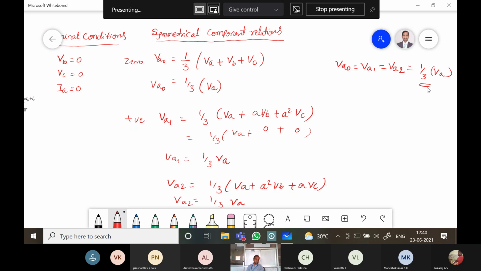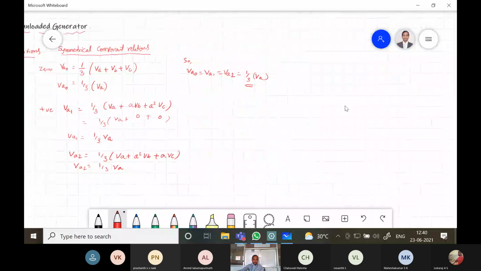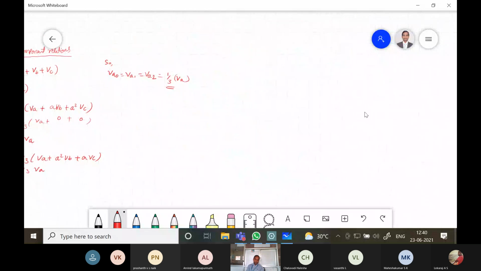Okay, is it clear? So VA0, VA1 and VA2 are equal. Now coming to the current sequence. This voltage sequence is over. Now the current sequence.